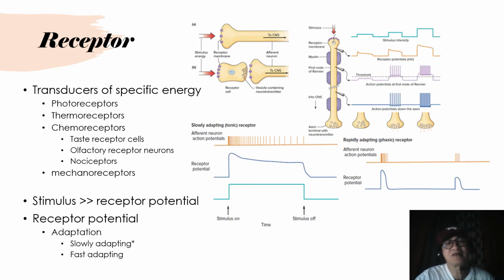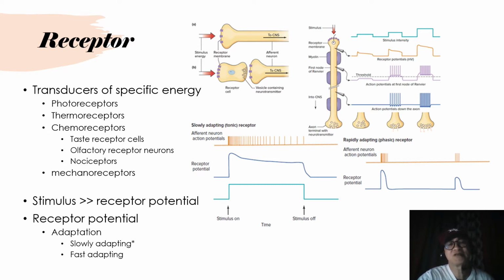Receptors at the level of the sensory organ system refer to cell clusters of sensory organs, or nerve endings of afferent neurons, that are specialized to detect a specific stimulus and convert this stimulus into receptor potentials.